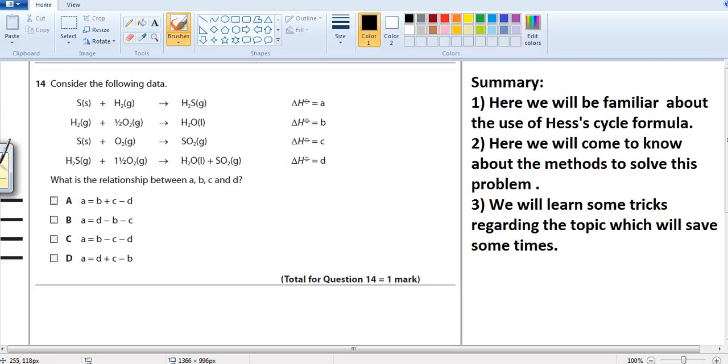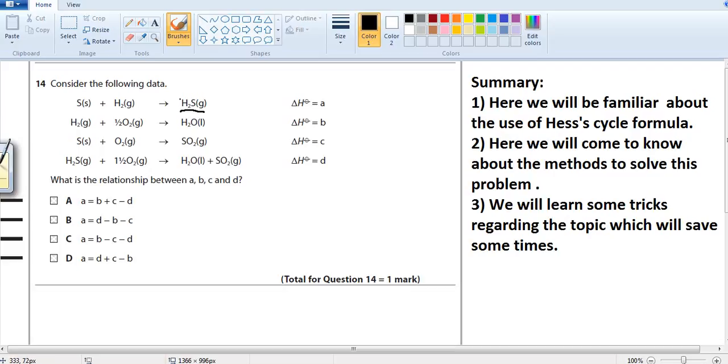So, here is the trick. The examiner has given hints about formation enthalpy. As you have noticed, the data given is essential. Let's see how it is essential. If you look closely, it is the formation enthalpy.